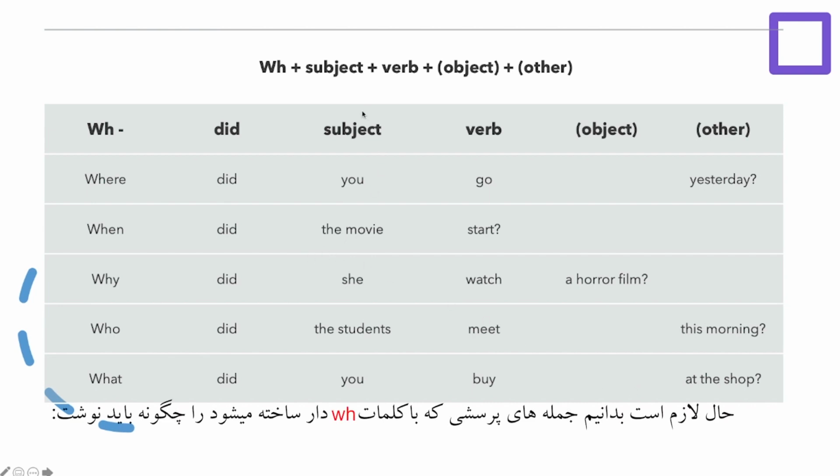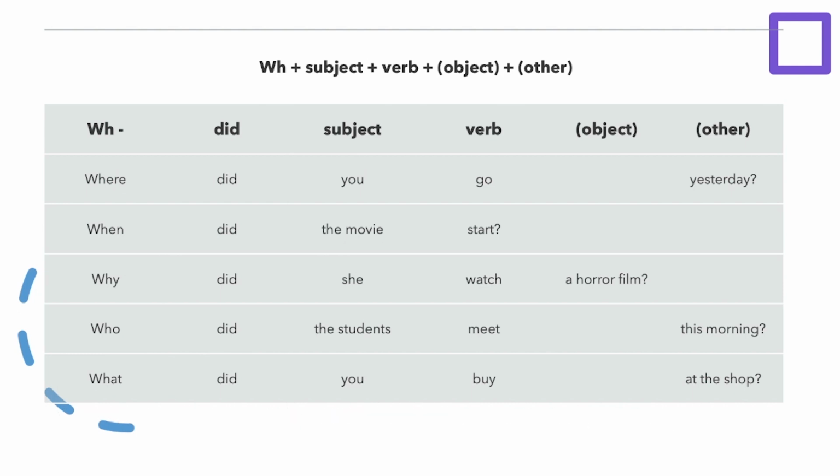Now we just need to look at how to write WH questions, how to write open questions. So first we have the WH word, so where, when, why, who, what, and how.